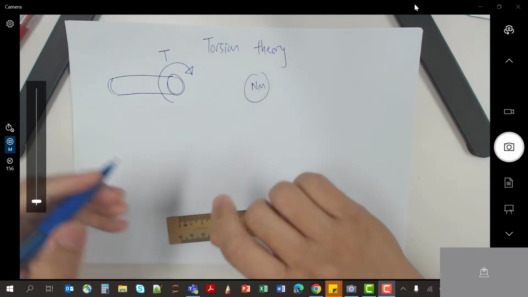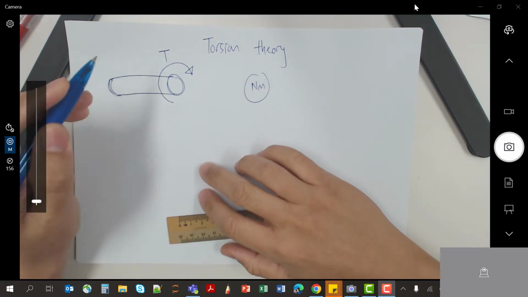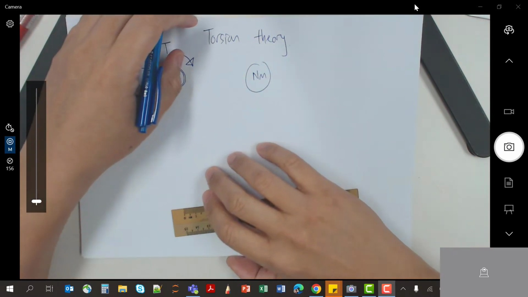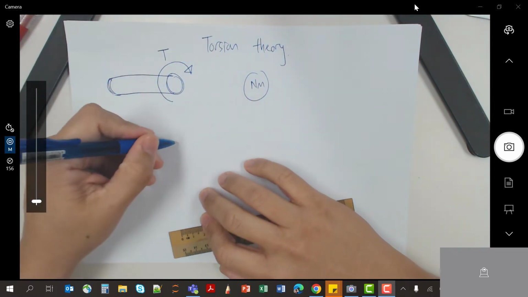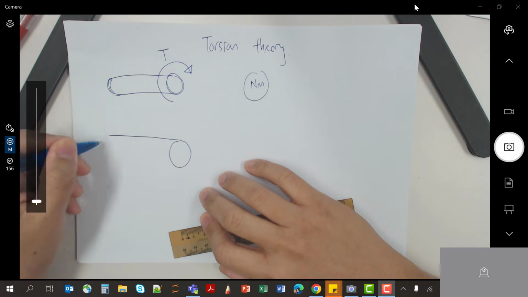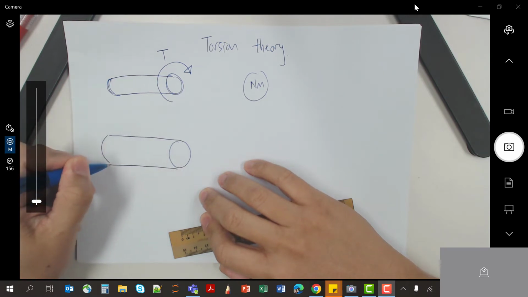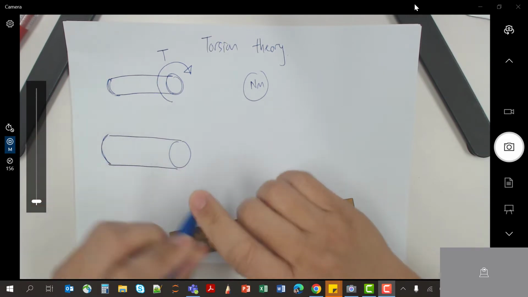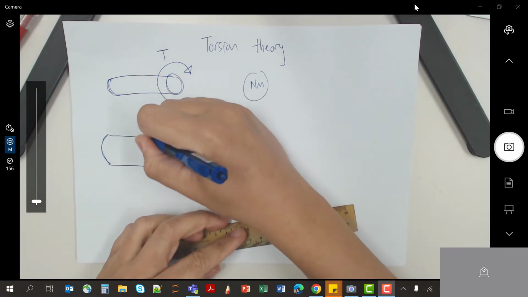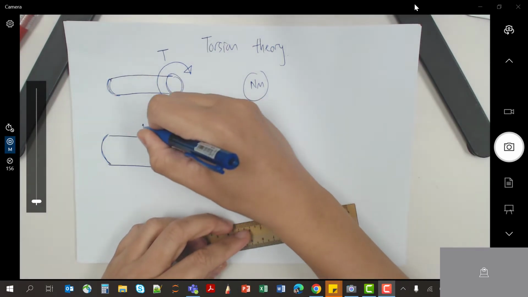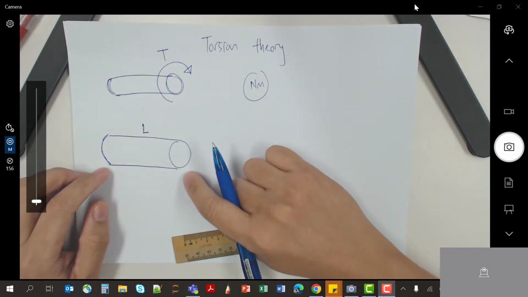So what happens when you twist a shaft? This is what this topic is about. Imagine we need to get some parameters straightened out first. The first one is L, the length of the shaft, the rod.